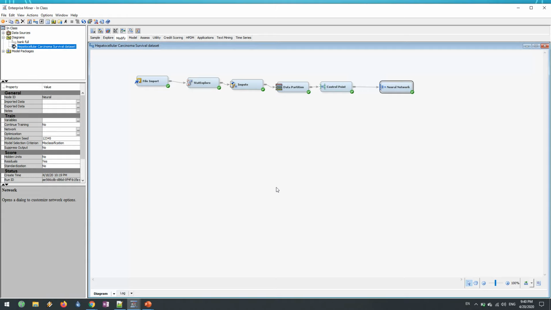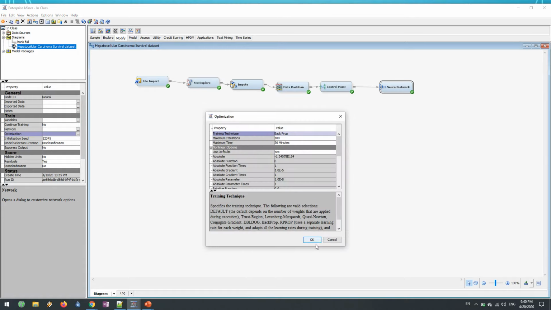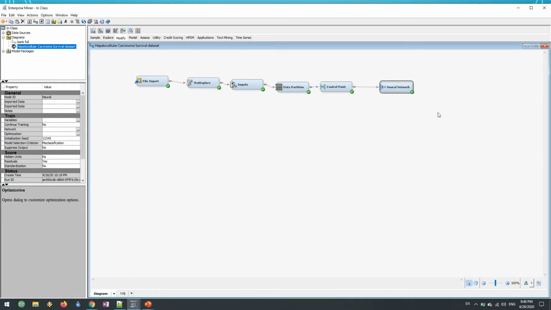It's complicated to determine the weights of the sum of inputs for each of the nodes, as we need to do lots and lots of complex repeating calculations to adjust the model. But SAS Miner does all the model building for us very quickly using the backpropagation algorithm that I selected in this optimization tab.